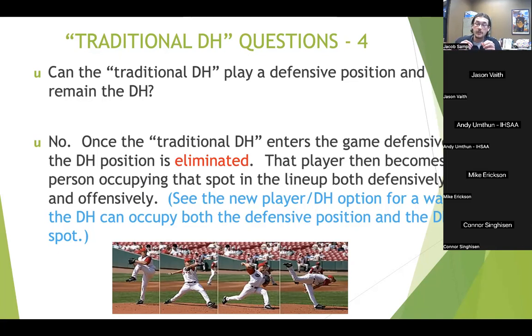But under the traditional rule, if they take up a defensive position, then they are no longer the designated hitter. So it's really important from a mechanic standpoint that at the plate meeting, we find out what designated hitter or what lineup each team is using.